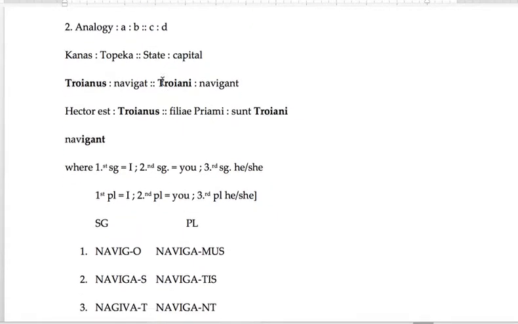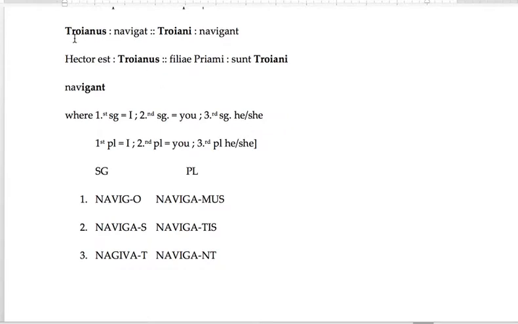All right, so in grammar it would go like this. Trojanus is to navigat, as Trojani is to navigant. So both of these words mean basically Trojan, except this is singular, a Trojan, and this is plural, Trojans.